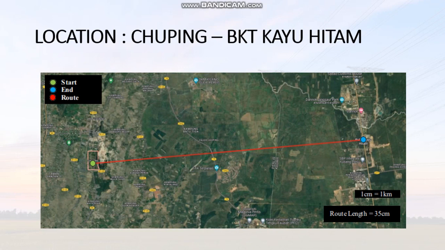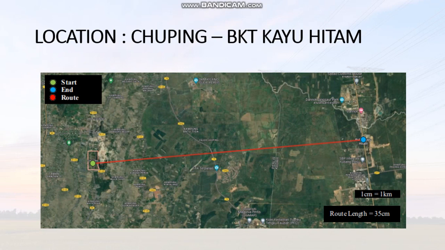Why did we choose Chuping to Bukit Kayu Hitam? Because this place is very strategic to construct the transmission line project. As we can see, the green bubble is the start and the blue bubble is the end. The red line is the route or path to construct the transmission line project.